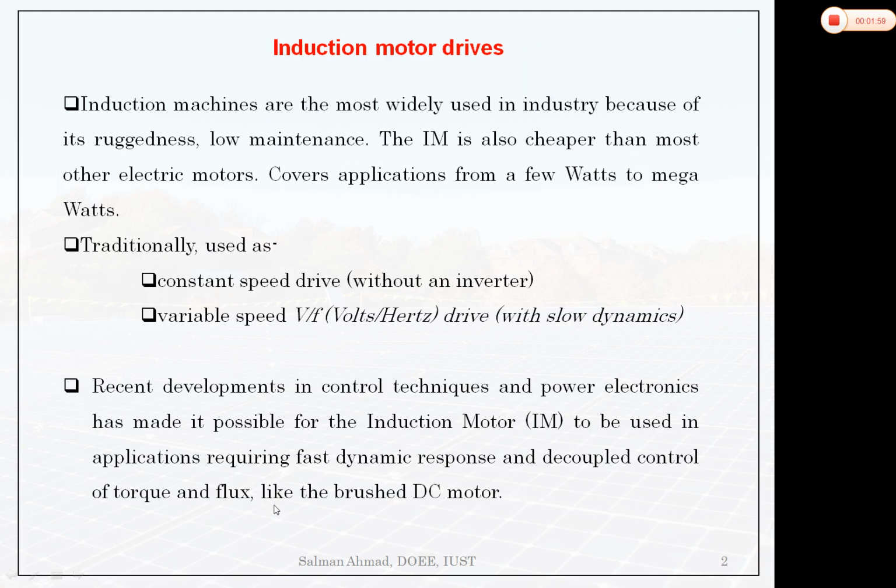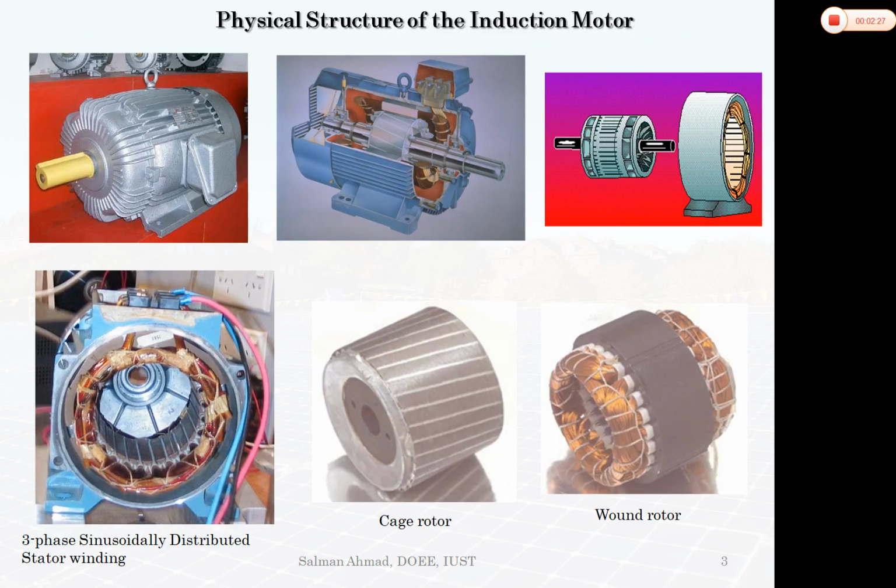So they can be controlled similar to that of DC motors. The important techniques that are nowadays used in variable speed induction motor based drive systems are vector control and direct torque control methods. So nowadays most of the drive applications in industries are dominated by induction motor based drive systems.